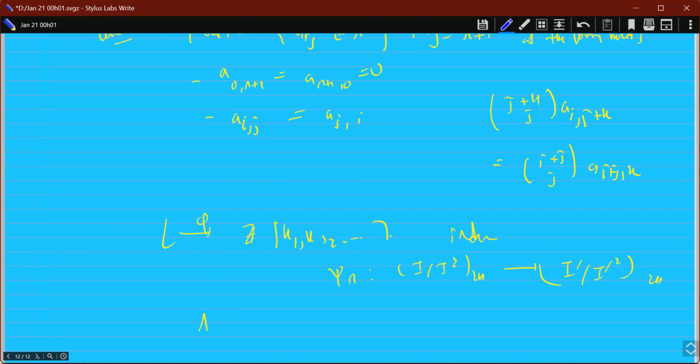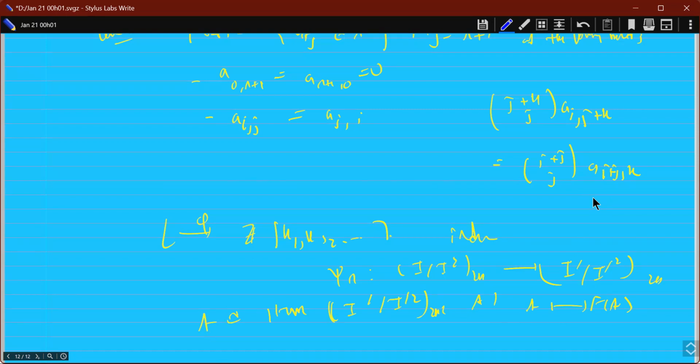That means that you get, this is pretty bad notation. Right now, what does this mean?